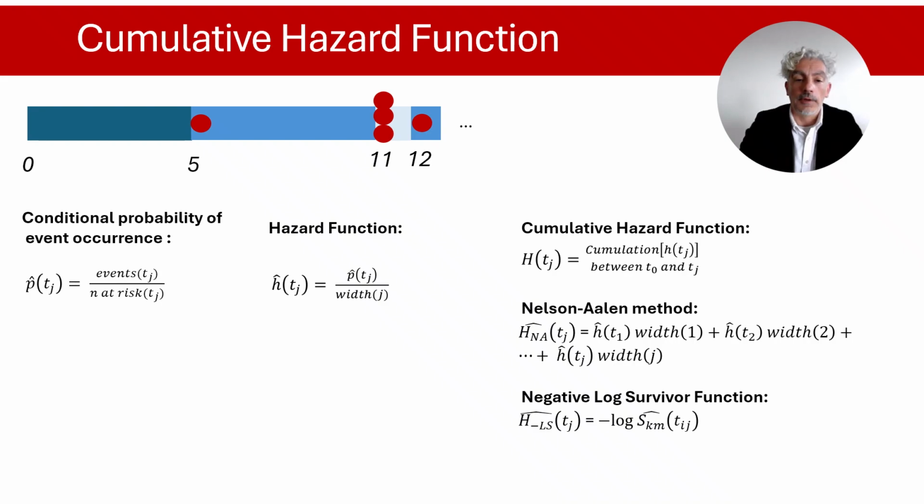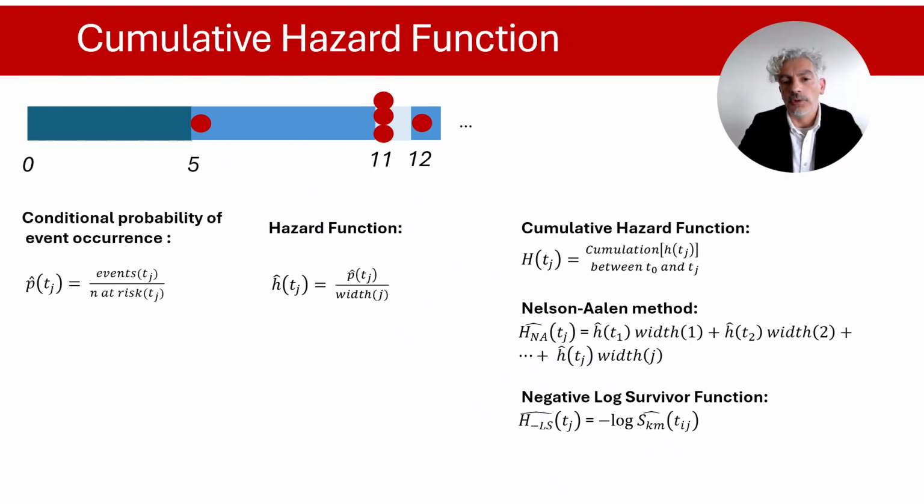The negative log survival function instead uses the link between the hazard and the survival function and calculates the negative log of the Kaplan-Meier survival function to obtain an estimate of cumulative hazard.